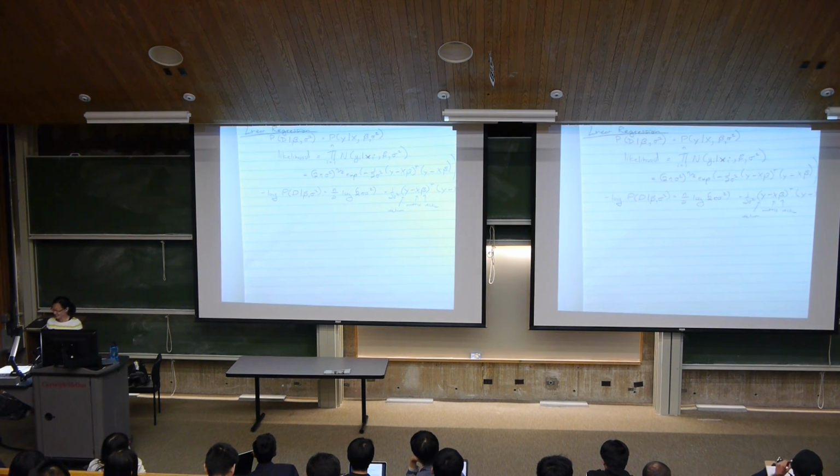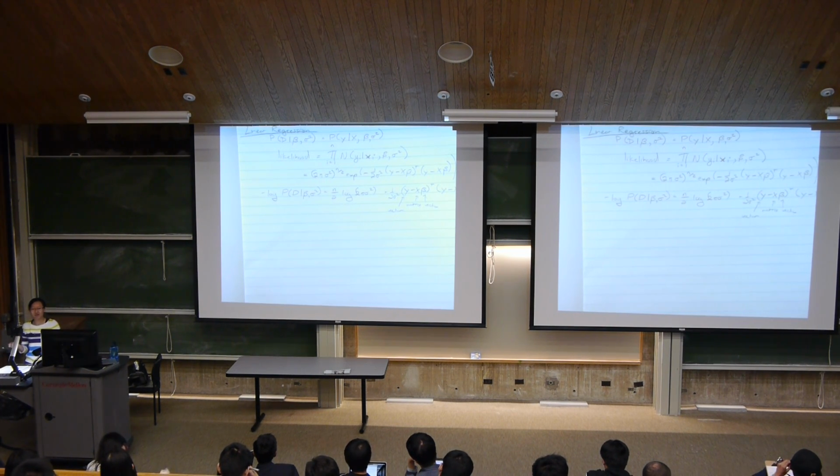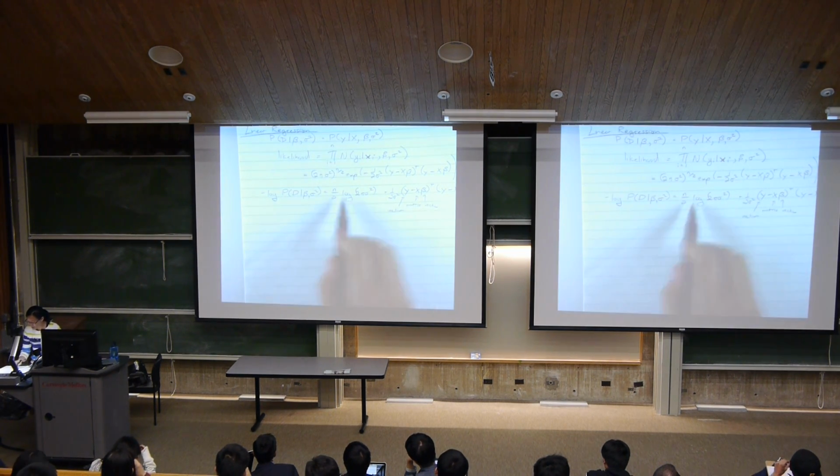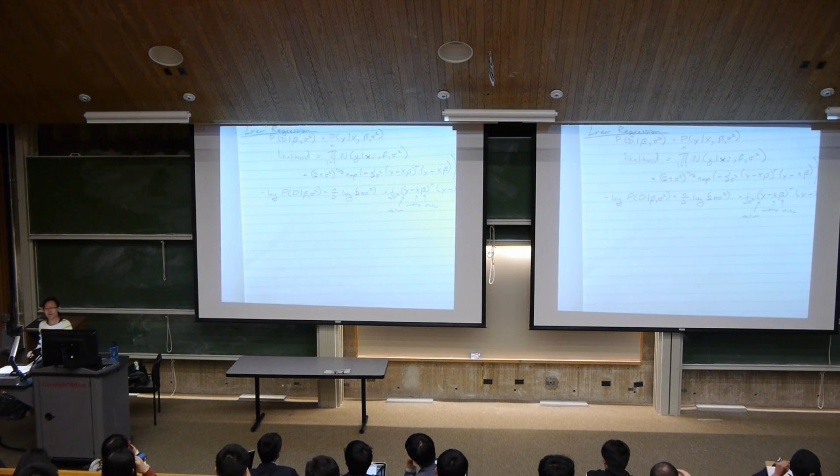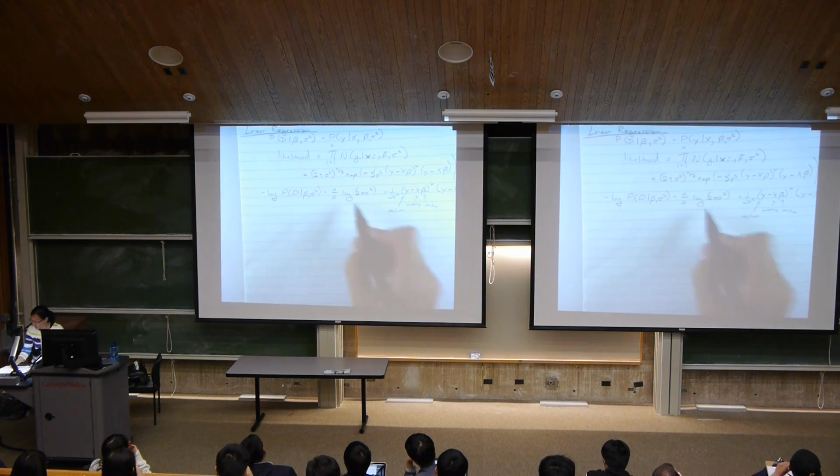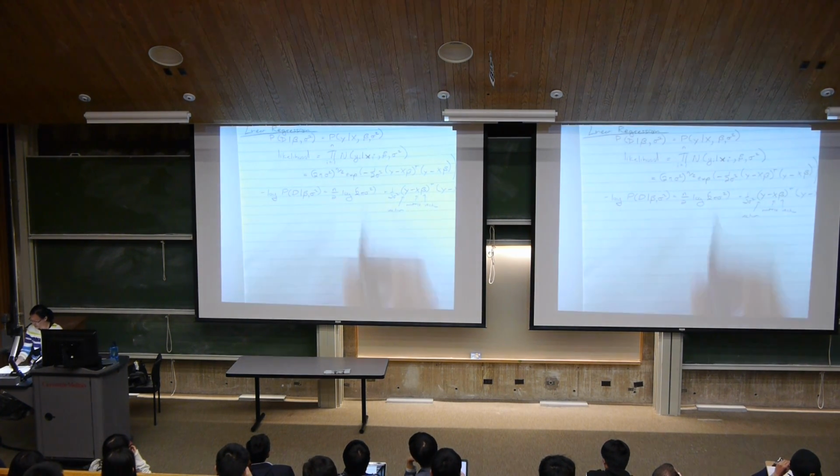Okay. So is everyone with me so far? We haven't really done anything besides take the negative log of the likelihood. So what we're going to do now is minimize this part with respect to the parameter beta. This part does not depend on beta, so we're just going to ignore it right now.